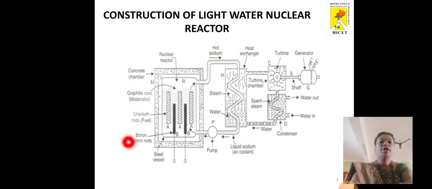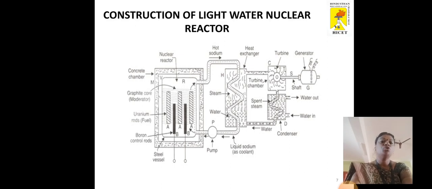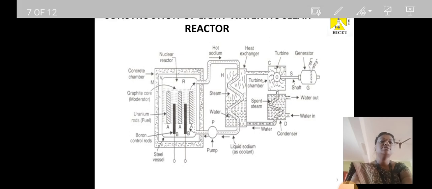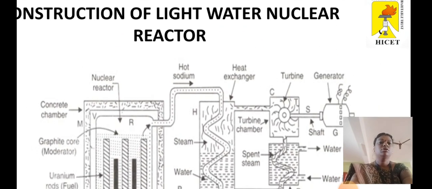So in this block diagram, you can see this is the nuclear reactor core. You can see the uranium fuel rod, and the black color is the boron control rods, which are placed alternately to the fuel rods. During the fission reaction, a tremendous amount of energy is getting released, and this is entering the coolant.